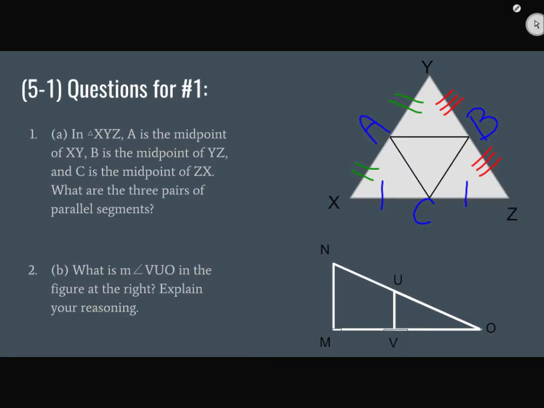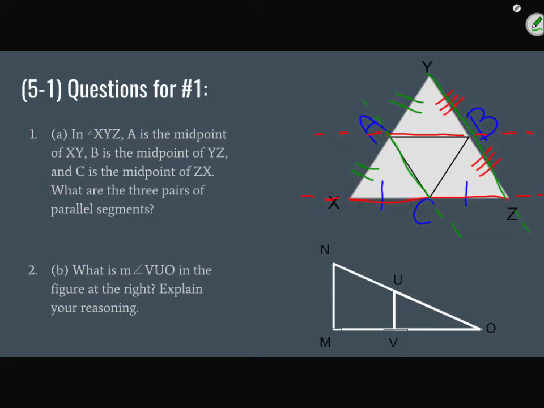And so then we identify the 3 pairs of parallel segments like we did in example 1. So AB is parallel to XC, and then we have AC is parallel to YZ.